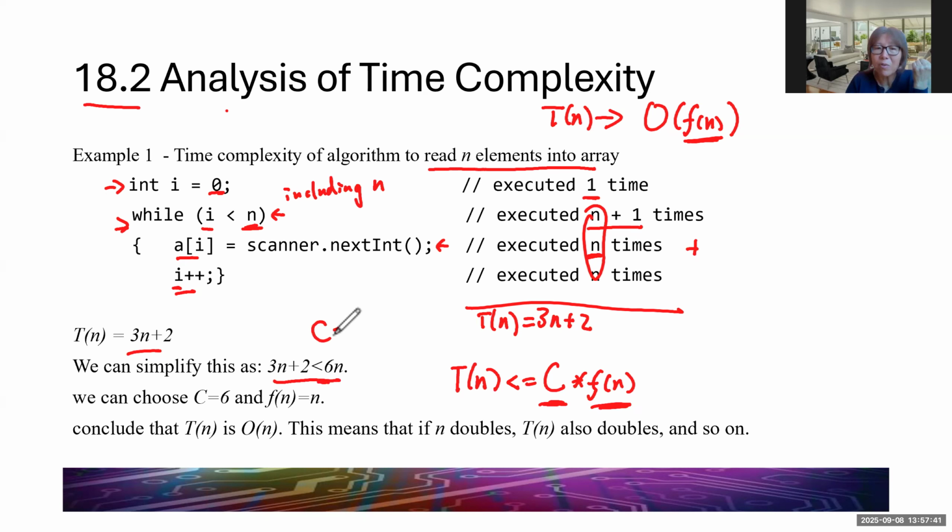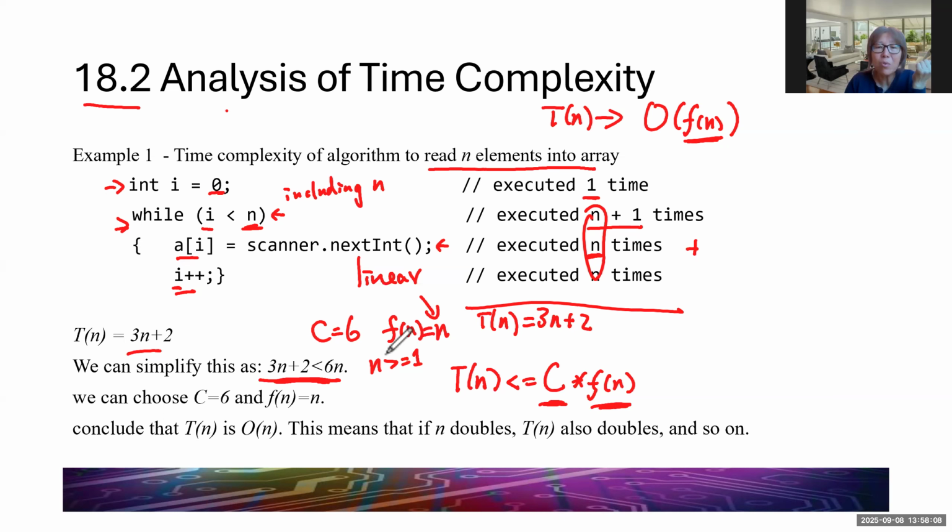If we choose C as 6 and Fn as n, that's linear, as in the previous slides, then we can always guarantee this is true when n is greater or equal to 1.